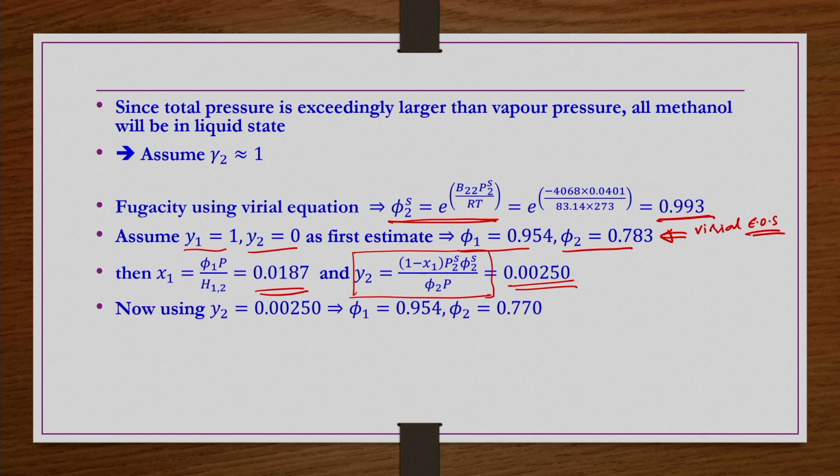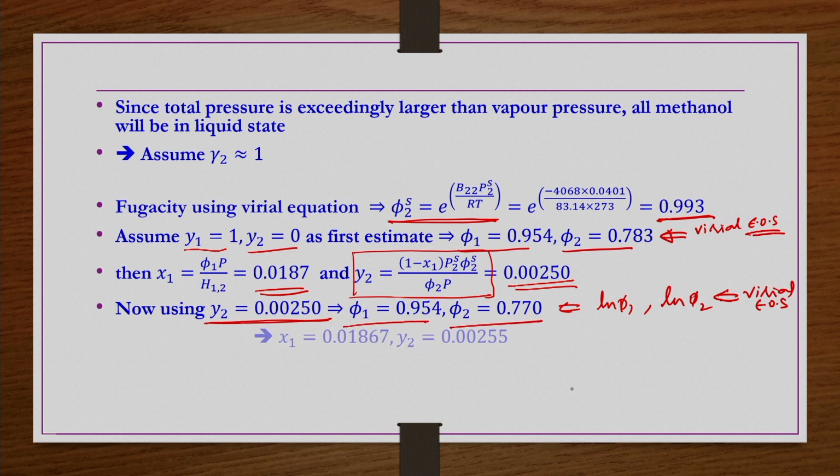So, in the next trial we take y2 as 0.0250 as the second trial. Then again, using the virial equation of state expressions for ln phi 1 and ln phi 2, you solve by using y2 equals 0.00250 and y1 equals 1 minus y2, then you get phi 1 and phi 2 like this.